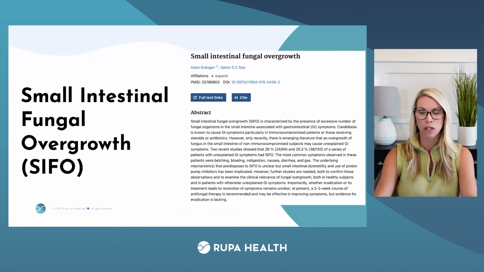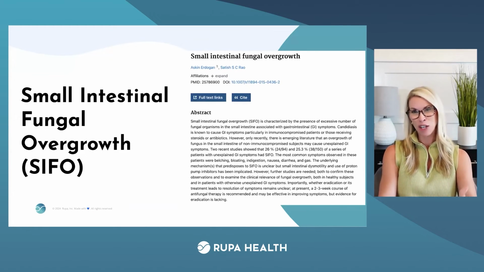That could be caused by neurological disorders like Parkinson's, multiple sclerosis, even diabetics who have neuropathy could have this small intestinal dysmotility that could then allow the Candida or the fungus to overgrow. You can also have connective tissue disorders like scleroderma, medications like opioids that slow motility, autoimmune disorders, and then some cases they found to be idiopathic.